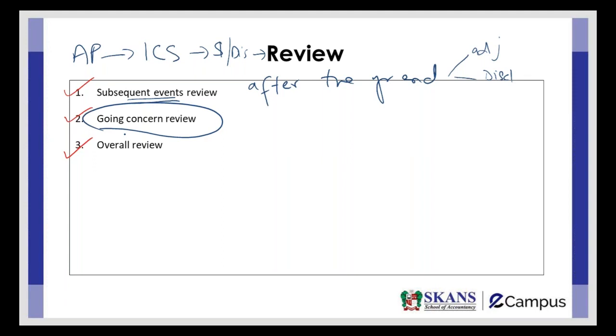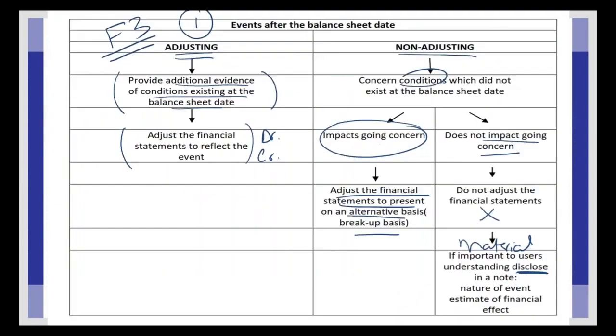Please remember, as auditors, as accountants, going concern is the next 12 months. My writing seems to be getting worse. It's the next 12 months. So in the upcoming 12 months, is there any indication that the company will not be able to continue as a going concern? That's the idea behind this.